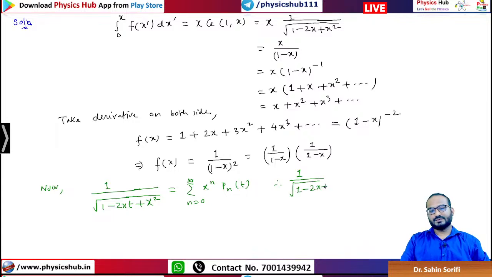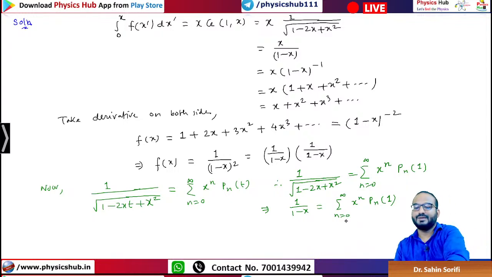One minus 2x plus x squared, sum over n from 0 to infinity of x to the power n Pn of 1, right? That is 1 by 1 minus x, sum n equals 0 to infinity x to the power n Pn of 1.